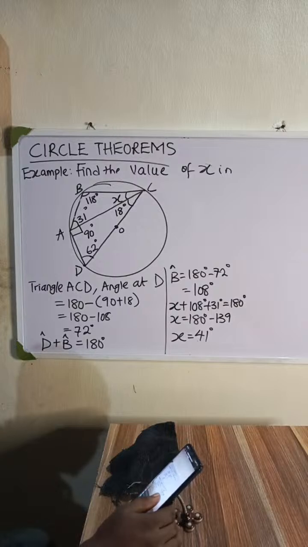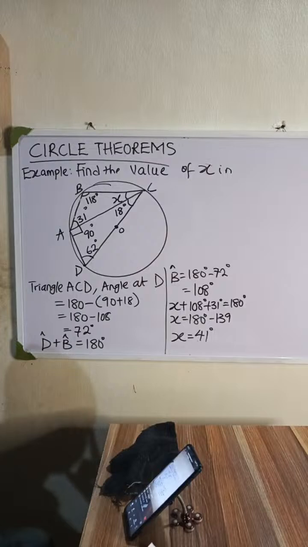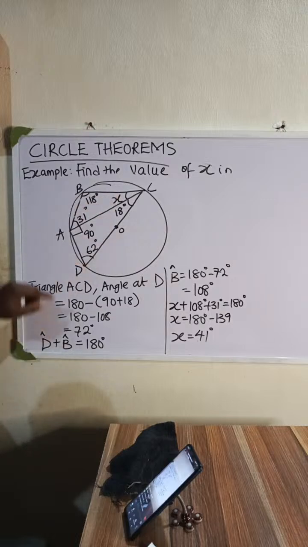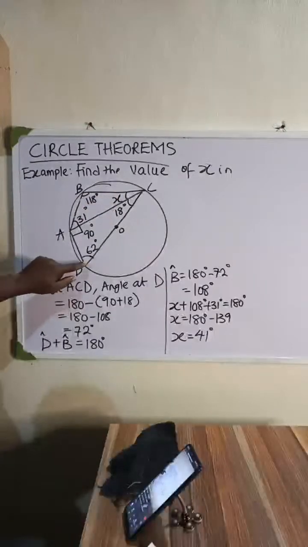No, Richmond, I don't think you're correct. You said 49 degrees. Just look at what I solved. The first thing we considered is triangle ACD, and we needed to find the angle here.